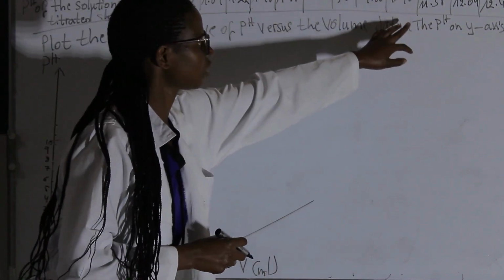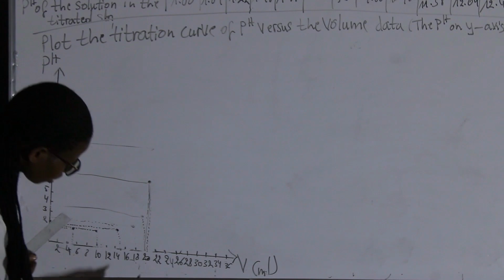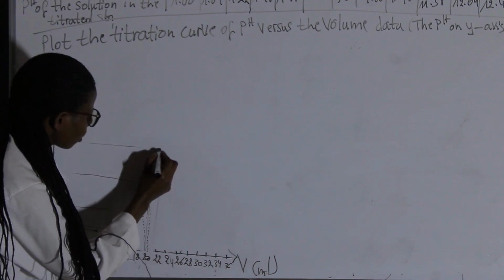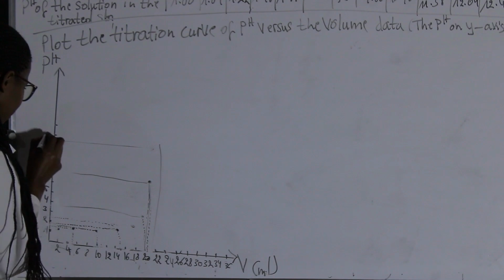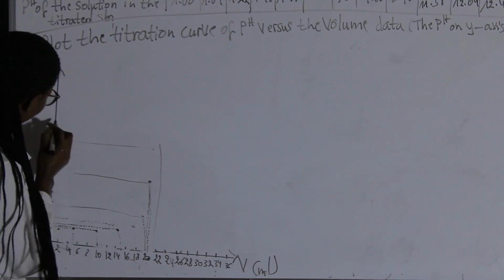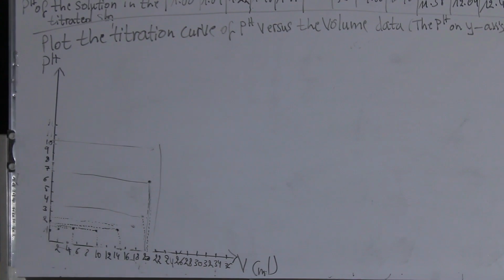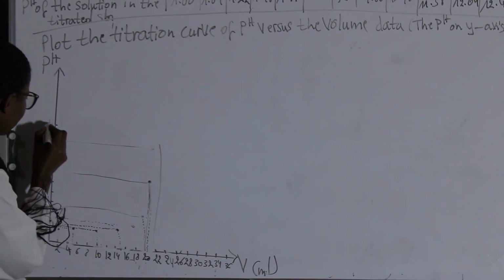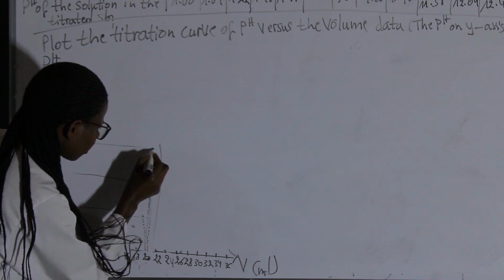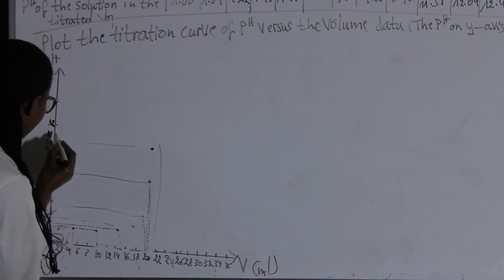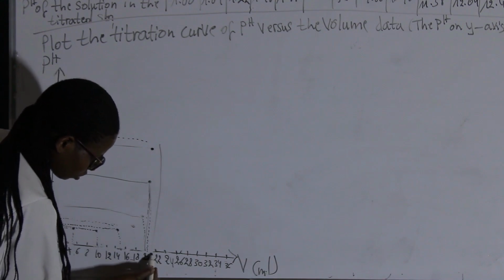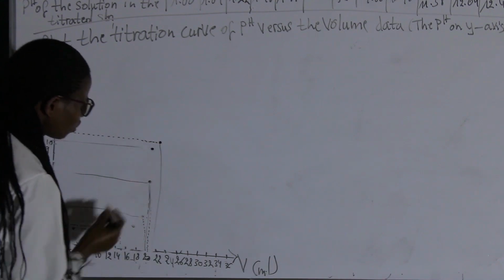Adding 21.0, the pH becomes 11.38, about half here.